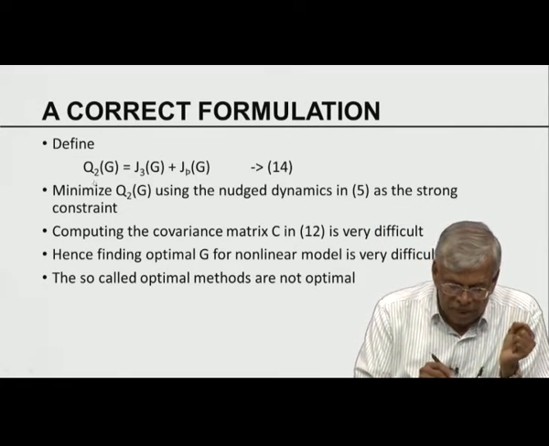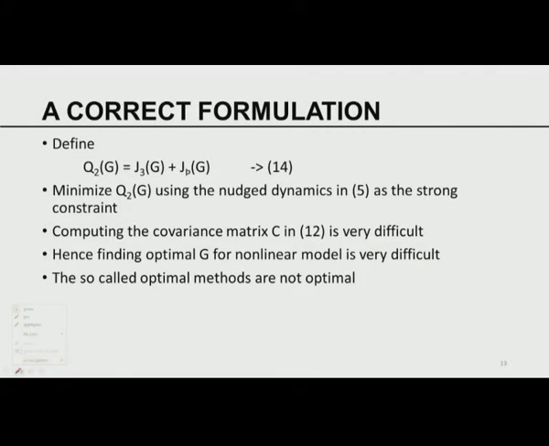So now we can minimize with respect to a new function. Instead of J1, J2, Q2G is equal to J3G plus JPG. If you minimize Q2G using the nudge dynamics as a strong constraint model, you try to take into account the serial correlation.